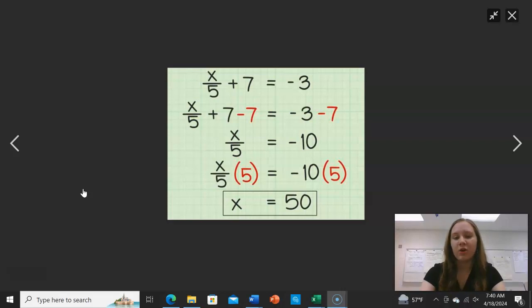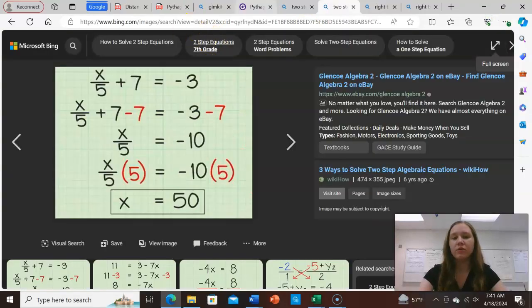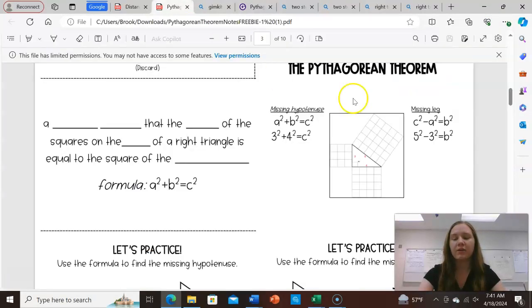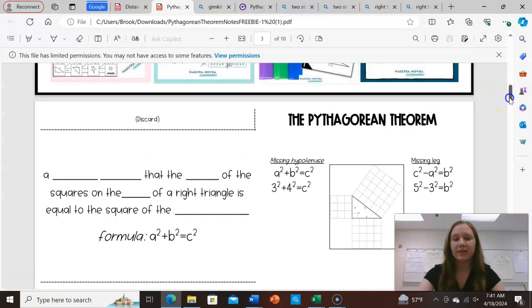I took this image offline, and that actually should be negative 50, because we know that a positive number times a negative number equals a negative number. We also know that whatever we do to one side of the equation, we must do to the other side. Now that we have reviewed those concepts, let's take a look at today's activity.